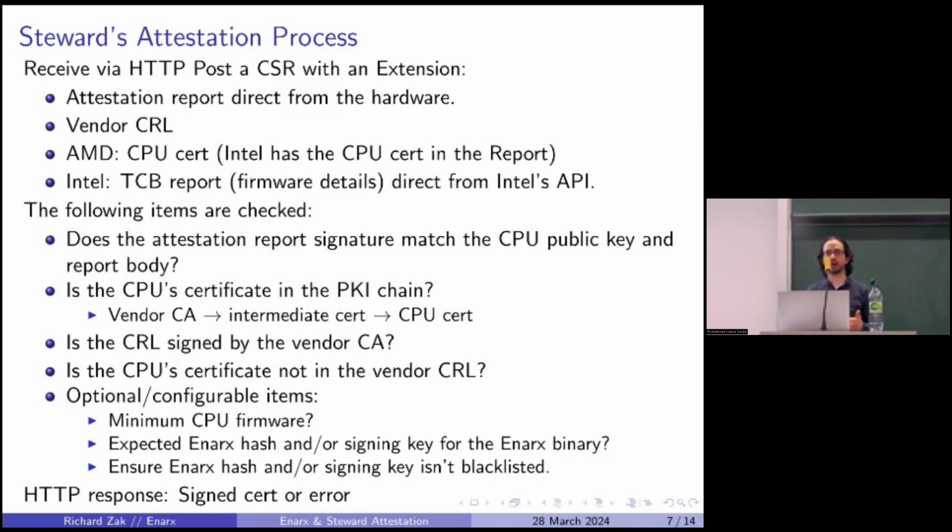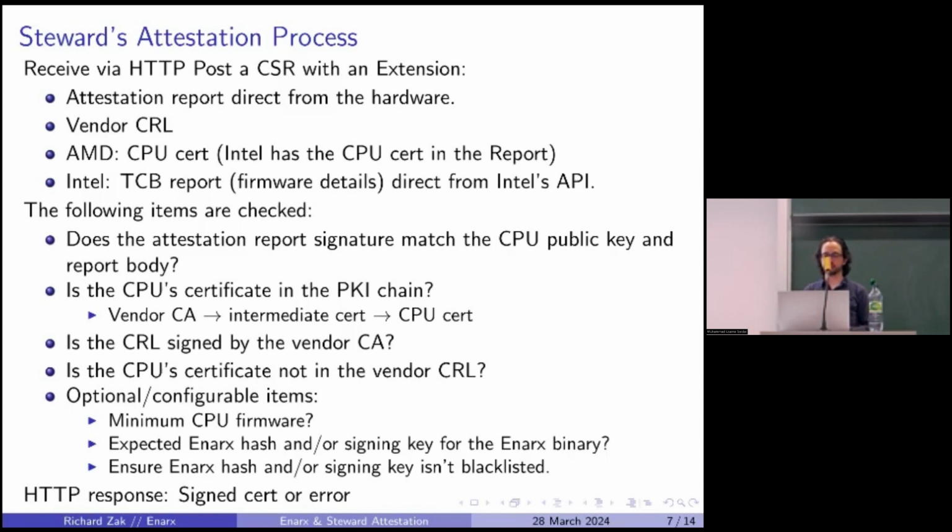So the Steward has the vendor certificate, the root certificate, and it just checks to make sure that everything was signed appropriately. We also make sure that the certificate revocation list was signed by the vendor's certificate authority and that the CPU certificate hasn't been revoked for whatever reason.